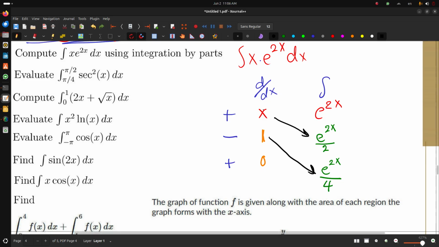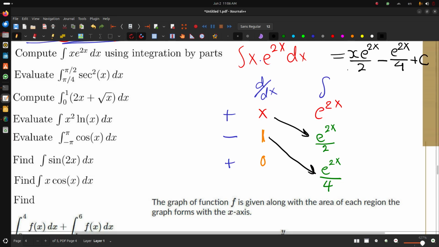So the final answer will be positive x times e power 2x over 2, minus 1 times e power 2x over 4, and of course don't forget plus c.